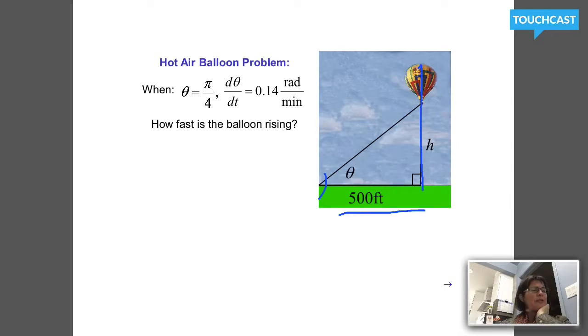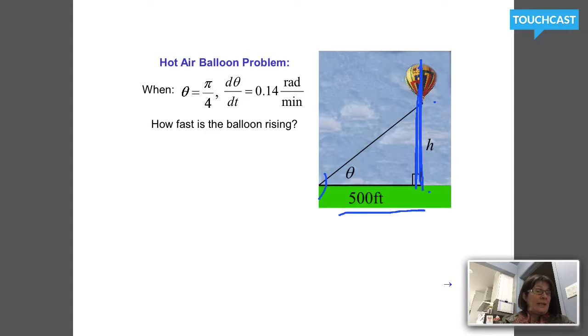So how fast is the balloon rising? Again, the first thing we want to figure out is what variable, what quantity, what rate are we looking for? How fast is the balloon rising has to do with how fast the distance between the ground and the balloon is changing. This picture came with the problem, so that's nice.